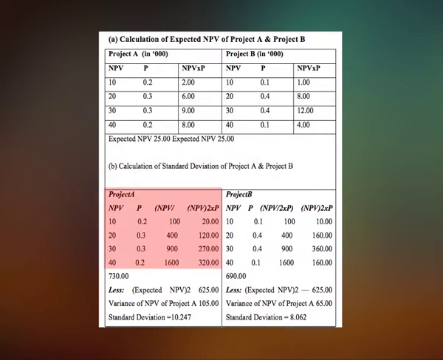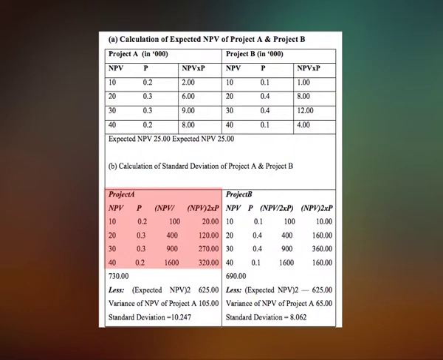Now, we have to calculate the standard deviation of project A and project B. For project A, NPV is given, then probability, then we will be finding NPV squared multiplied by P. The figures given are for NPV 10, 20, 30, 40, probability 0.2, 0.3, 0.3, 0.2.